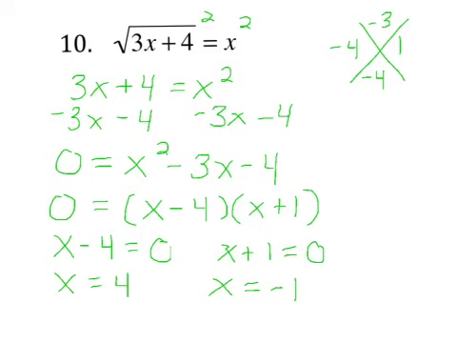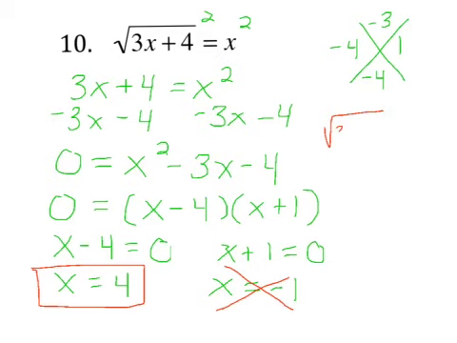Do you think any of these solutions are extraneous? If you said x equals -1 is extraneous, you are correct. If I took a -1 and plugged it in, we're not allowed to have the square root equal a negative, so it is extraneous.